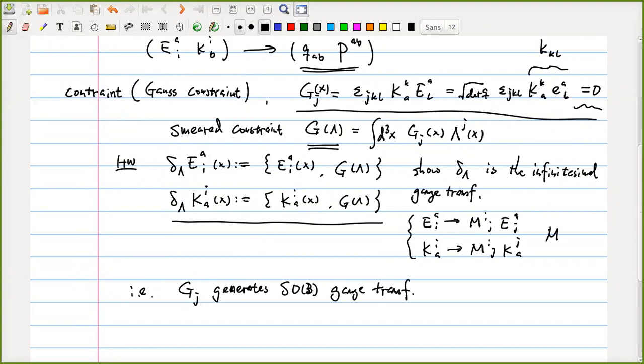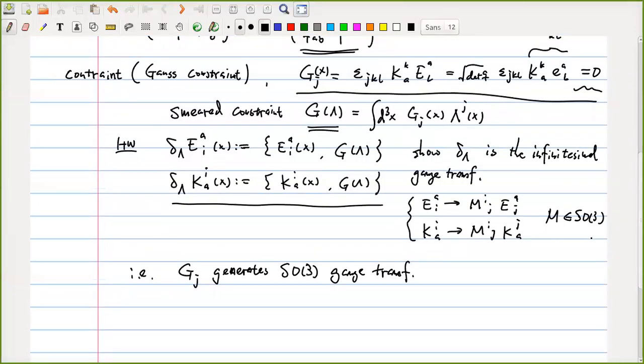Here the matrix M belongs to SO(3), the three-dimensional rotation group, the rotation matrix. M belonging to SO(3) means that M_ij M_kl delta^ik equals delta_jl, and also determinant M equals 1.